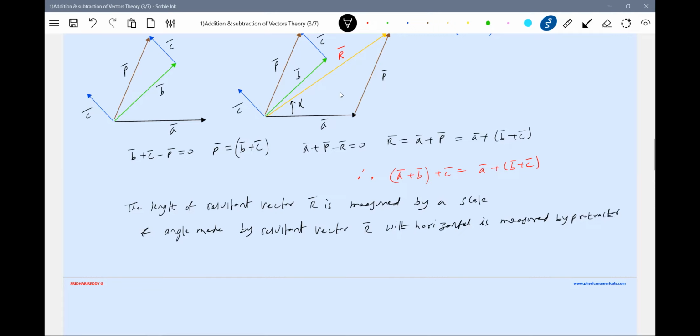Then the scale as well as protractor will have some error, and that error depends upon the precision.